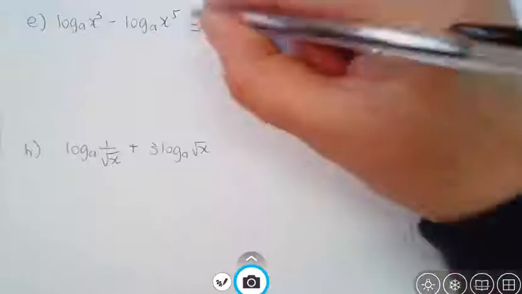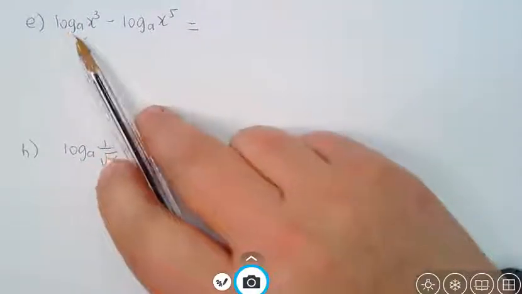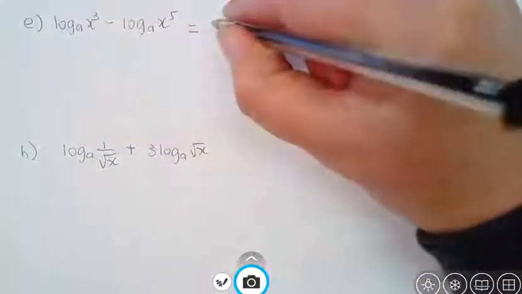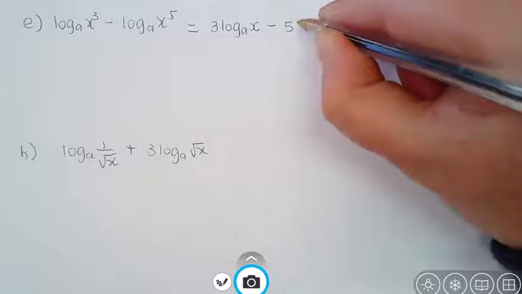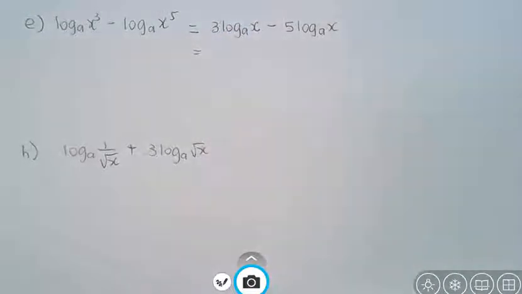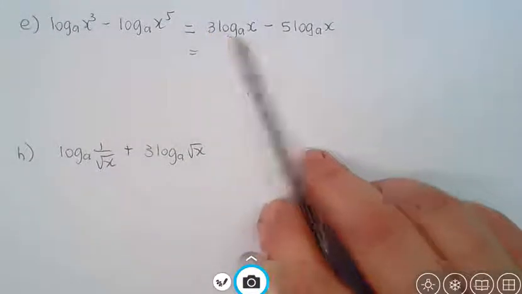Question 11e. Log to the base a of x cubed minus log to the base a of x to the power of 5. The 3 can come to the front, so that's 3 times log to the base a of x, minus, and the 5 can come to the front, minus 5 times log to the base a of x. Now you need to think algebraically. That's 3 of those minus 5 of those.